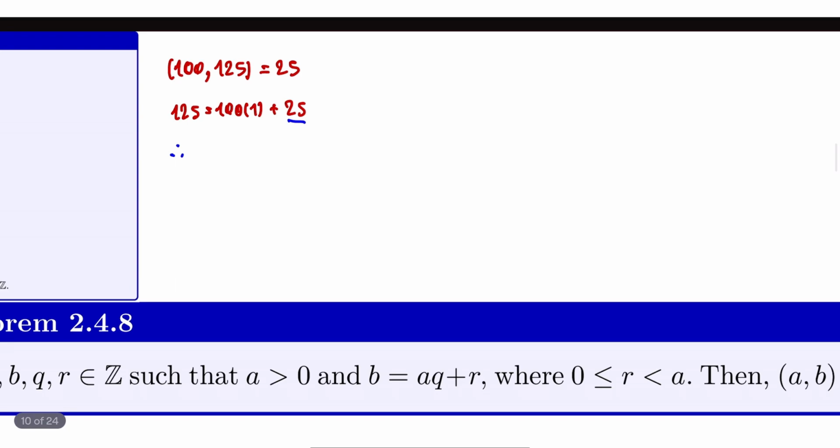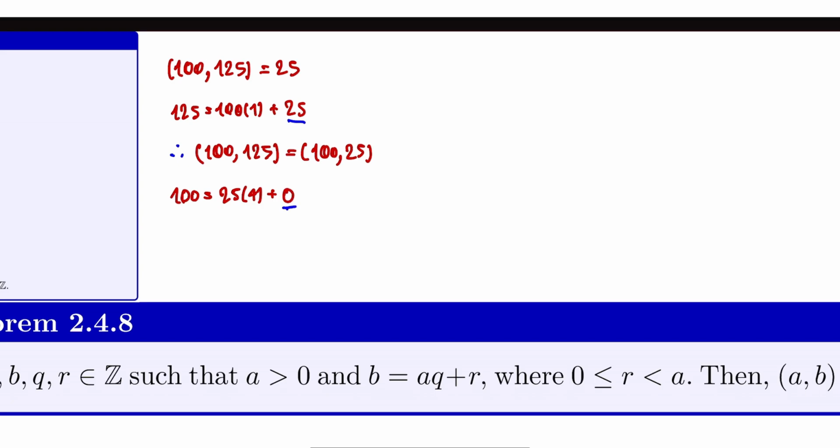That means we now work with 100 and 25. So we divide 100 by 25. We're going to have 100 equals 25 times 4 plus 0.